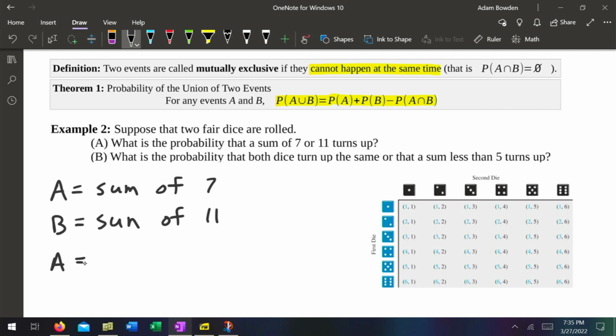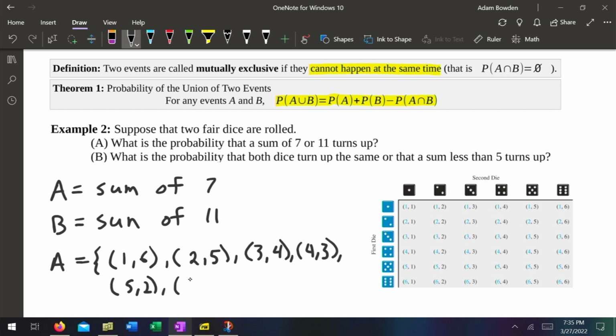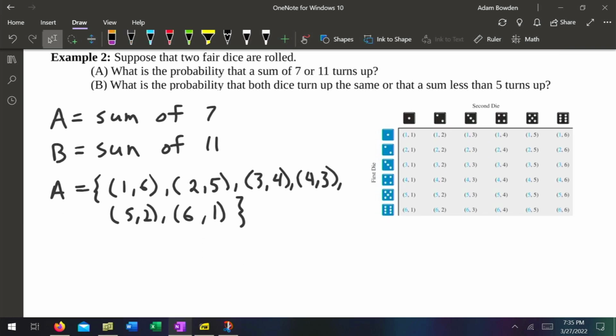Then for A, we go through all the possibilities here: 1 and 6, 2 and 5, 3 and 4, 4 and 3, 5 and 2, and 6 and 1 are all the possible outcomes where the two dice add up to 7. And for the event B, where they add up to 11, there are two possible outcomes: 5 and 6, and 6 and 5.